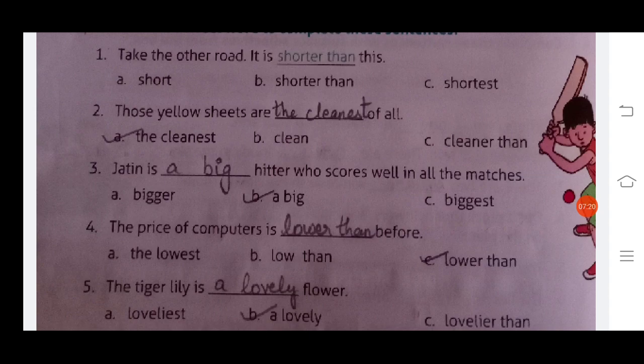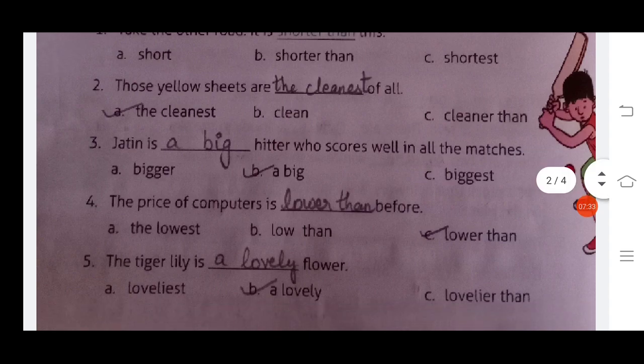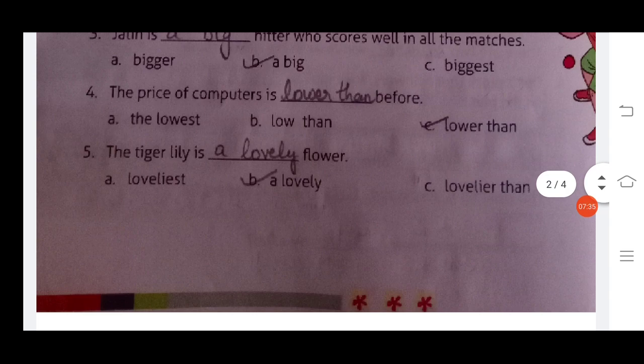The cleanest. Number 3, Jatin is dash hitter who scores well in all the matches. So Jatin is a big hitter. Number 4, the price of computers is dash before, meaning lower than before. Number 5, a tiger lily is a lovely flower.